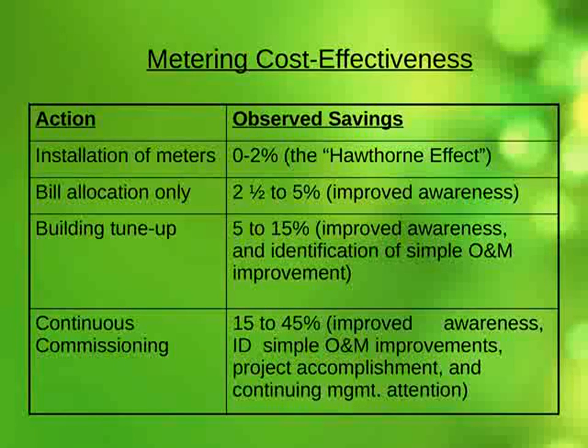When you talk about tuning up a building, this is where the greater savings come in, with improved awareness and identification of simple O&M improvements, anywhere from 5 to 15%. And then this element of continuous commissioning, where it really is a cycle that never stops, you're continuously looking for more improvement opportunities, at that bottom part of the iceberg, with 15 to 45% potential savings.